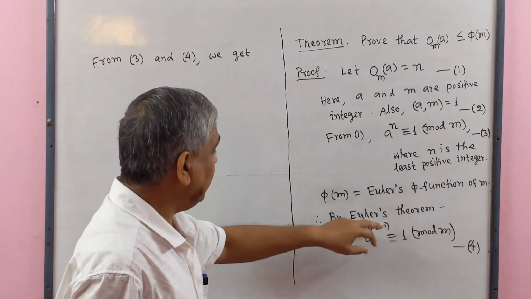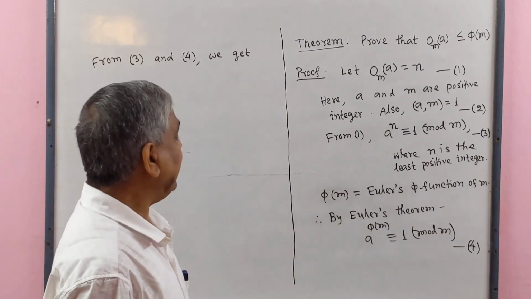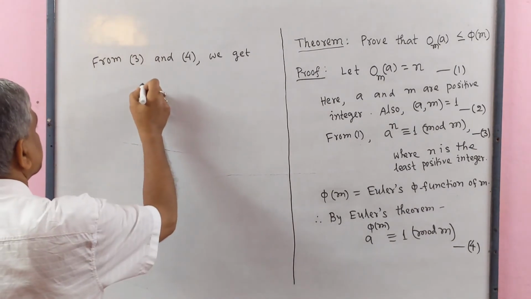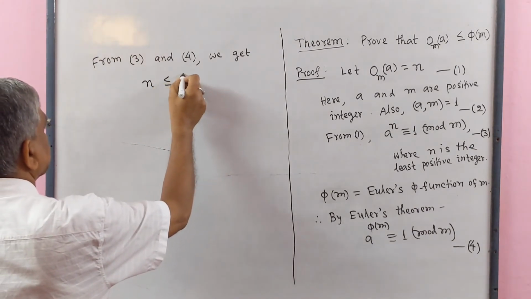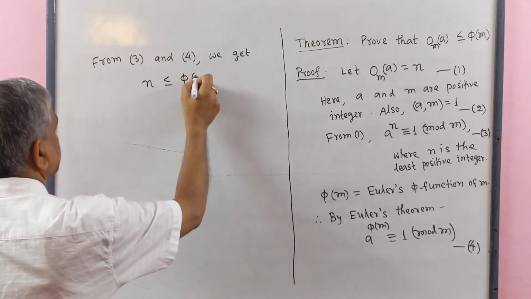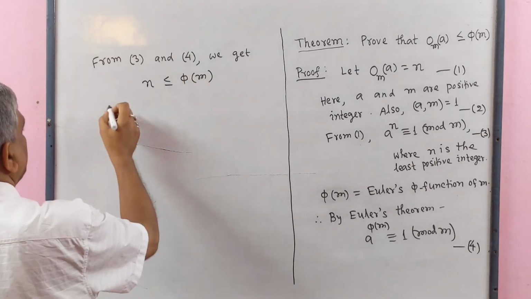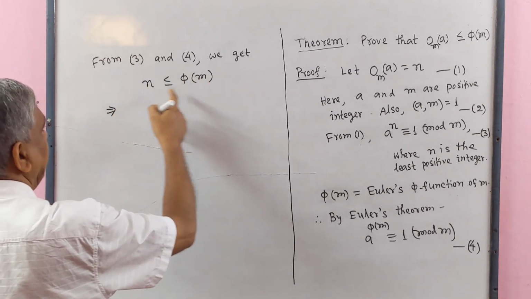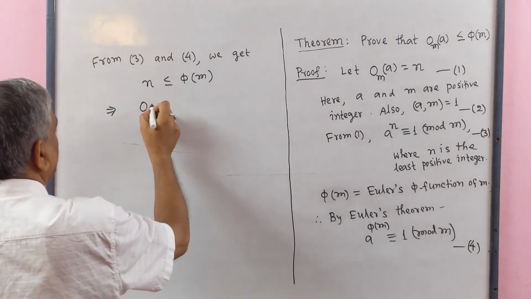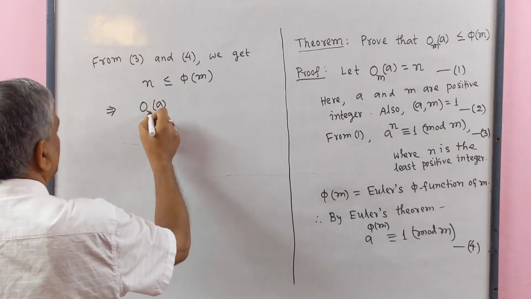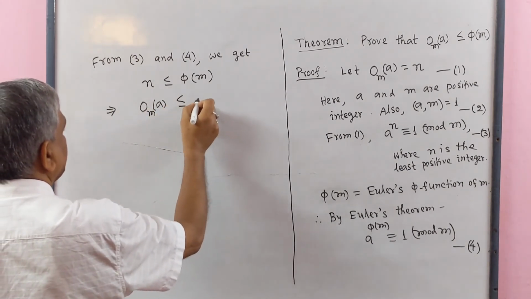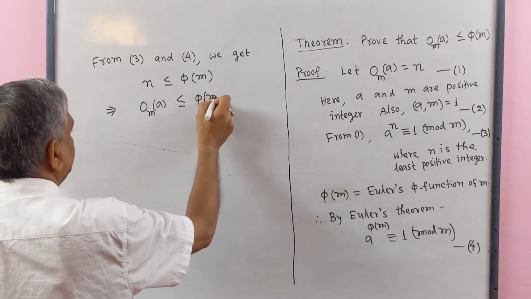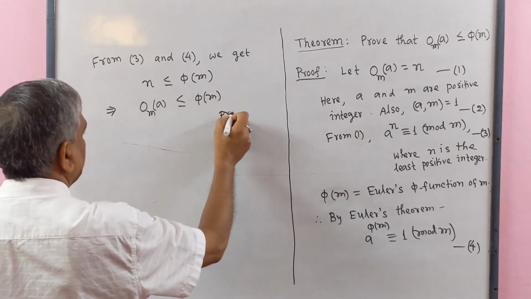Therefore n is less than or equal to phi m. This implies that n, the order of a modulo m, is less than or equal to phi m. Proved.